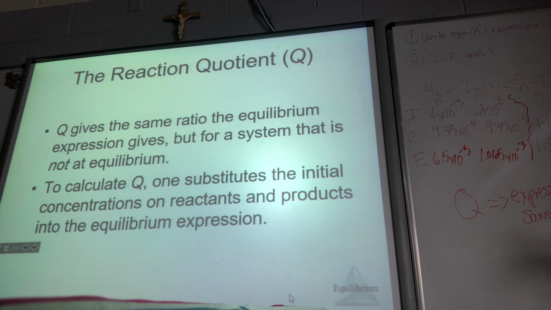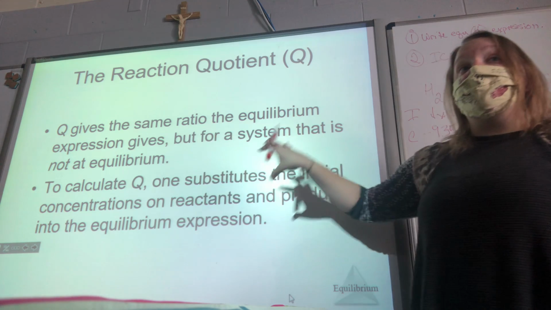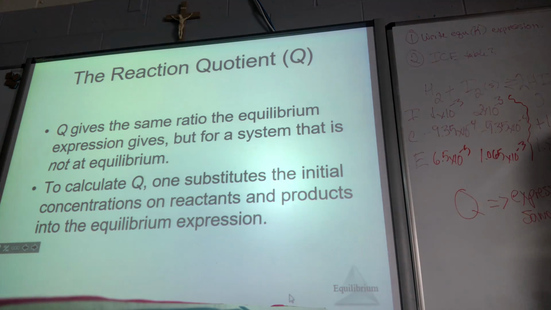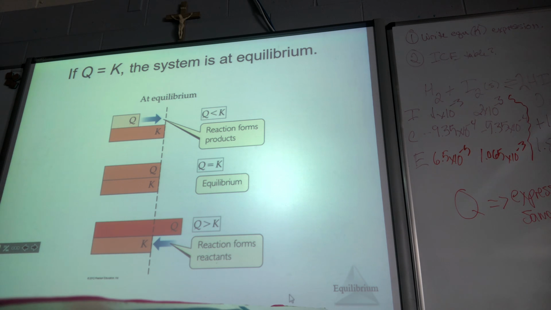This means you must already have a K value to compare. You're going to substitute initial concentrations into the equilibrium expression that looks just like the K expression, and you're going to compare Q to what it should be. Does that make sense? It's an odd idea, but in doing this, we can determine where our reaction needs to go to get to equilibrium.